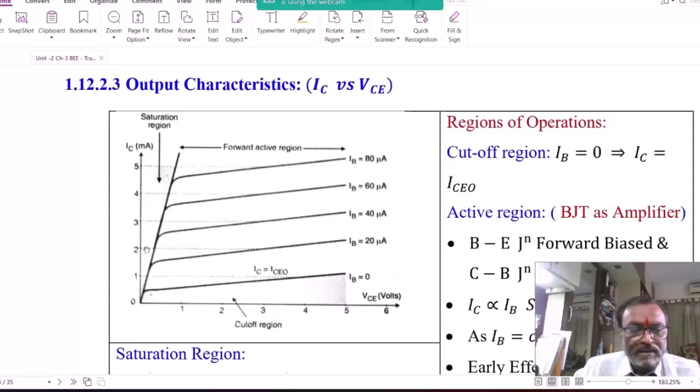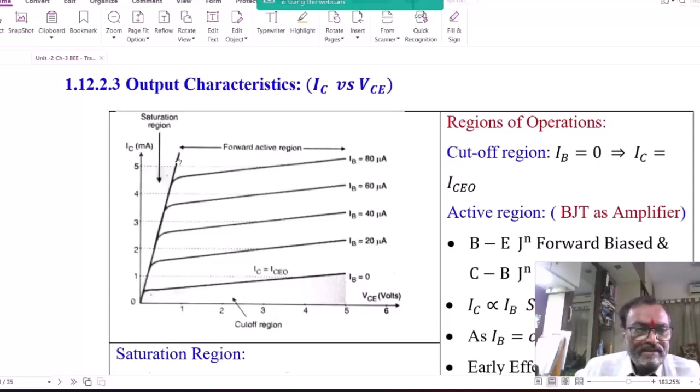The region below the curve IB equal to 0, that is very close and touching the x-axis, this shaded portion here, where IB is 0 means IC is 0. Actually, IC is just a reverse leakage current, ICEO. So the device remains in cutoff, and therefore this region is called the cutoff region.